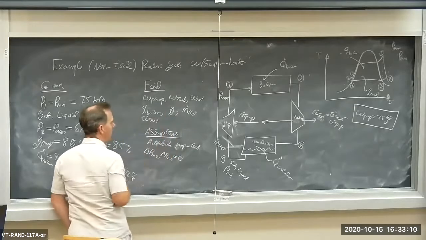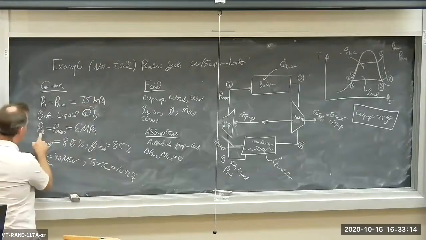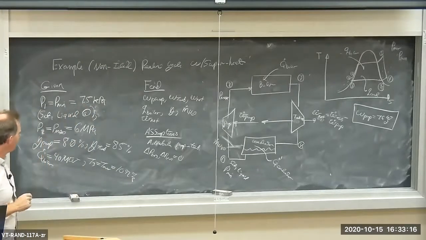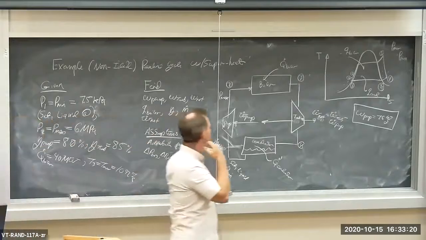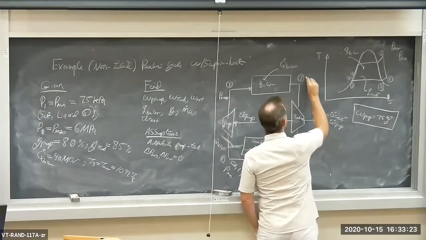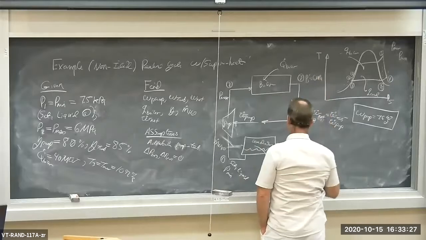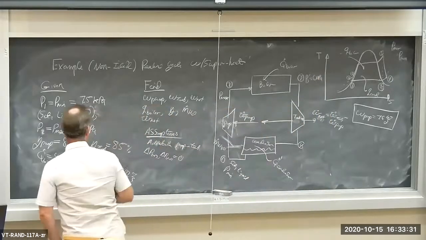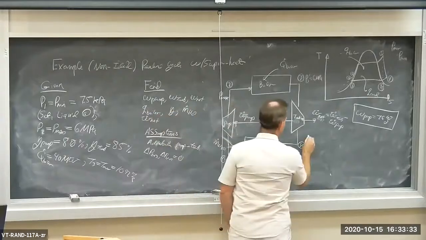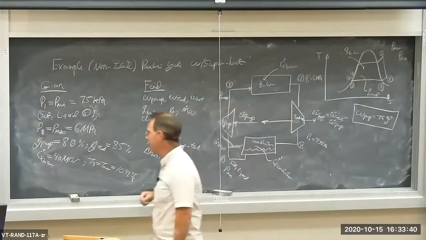These are isobaric boilers and condensers. So P2 is equal to P3, which is equal to my maximum pressure, 6 megapascals. And P4, by the way, is 7.5 kilopascals.